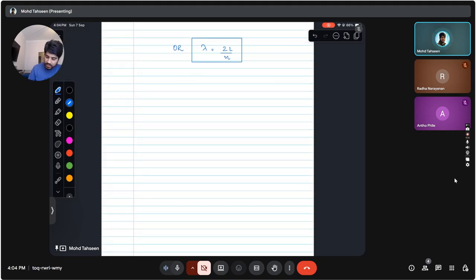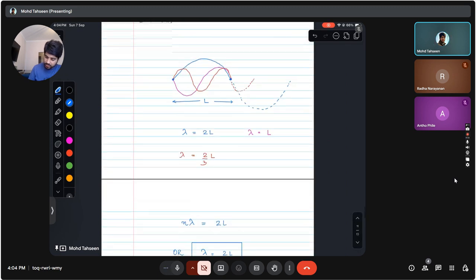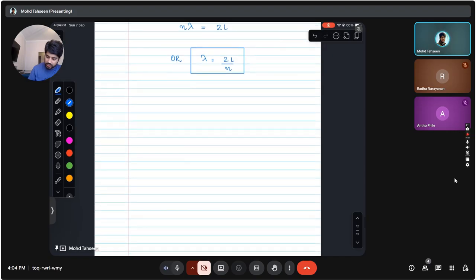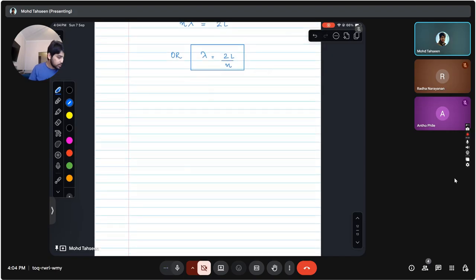Now before painting the quantum mechanical picture, there are a few expressions that I want to write from quantum mechanics. Recalling quantum mechanics.